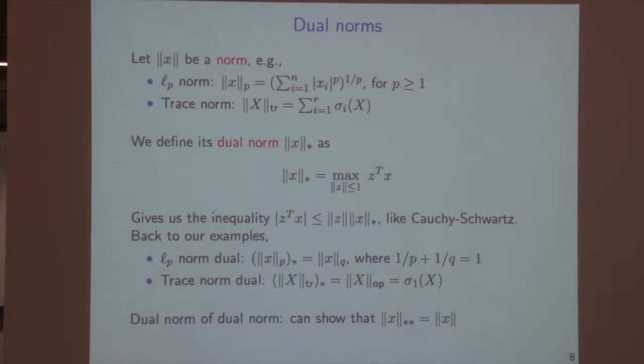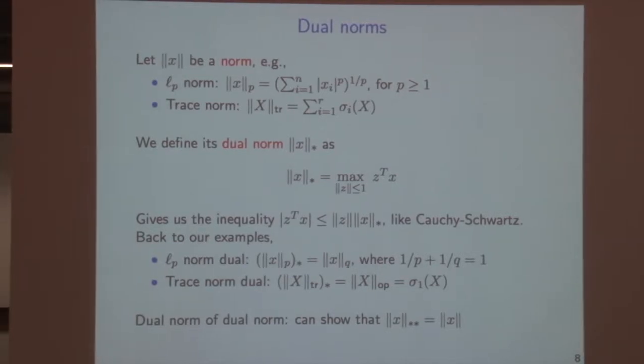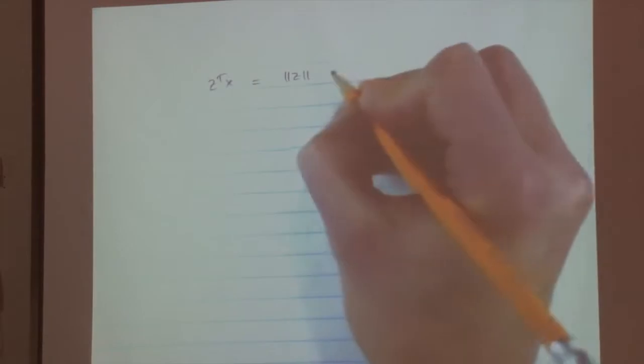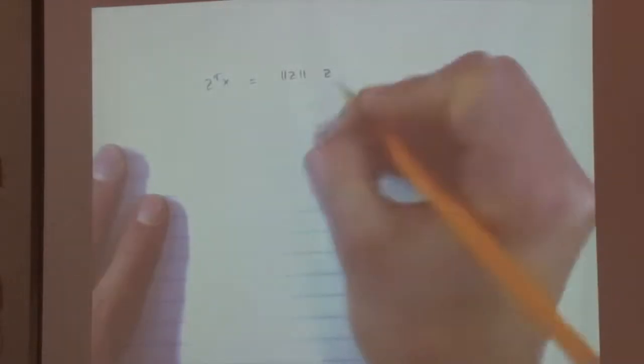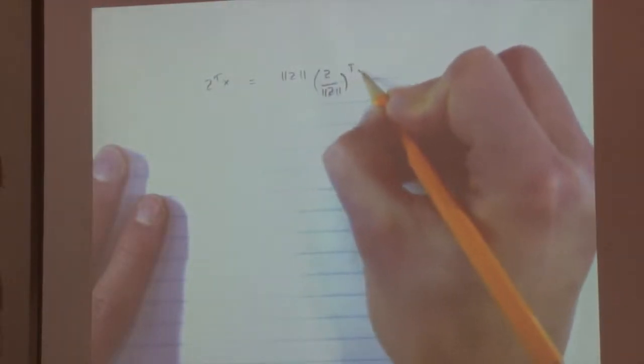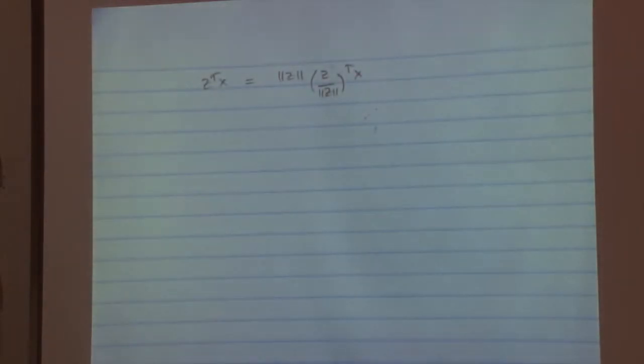Well, first of all, if they give me any z transpose x, I can always write that as the norm of z times z over its norm, transpose x, as long as z doesn't have norm 0. But if z has norm 0, then both sides are 0 here, so it doesn't matter.